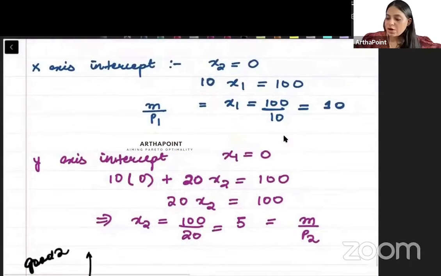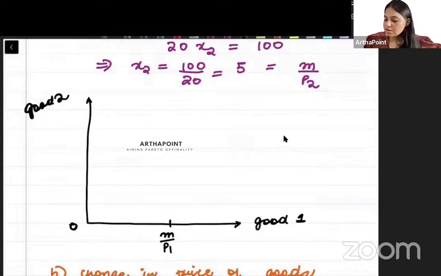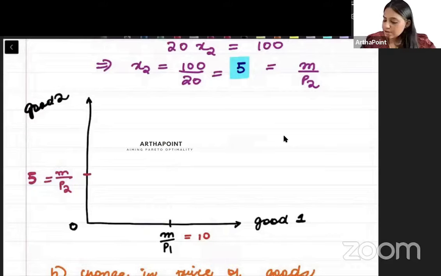It is coming out as 10. What is m by p2, बच्चे? 5. तो यहाँ पे I will get m by p2, which is 5. And this will be my budget line, beta. If I join this, I will get my budget line.